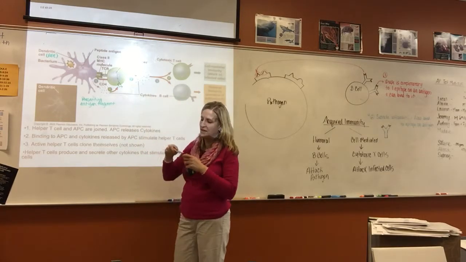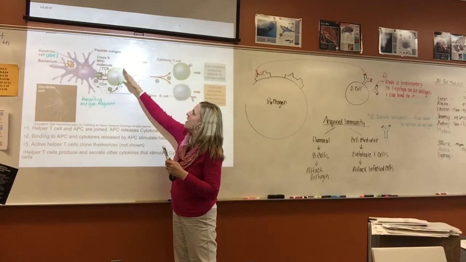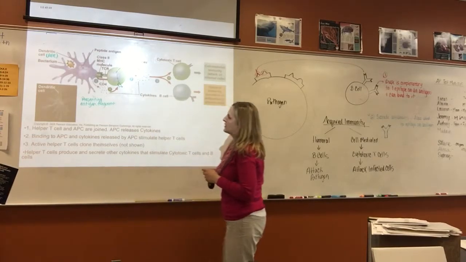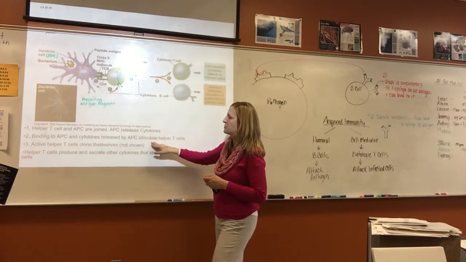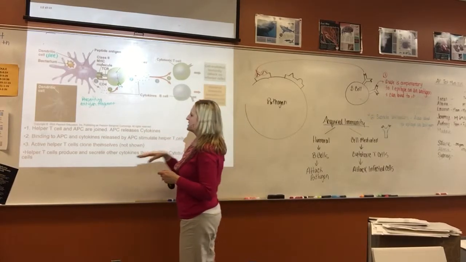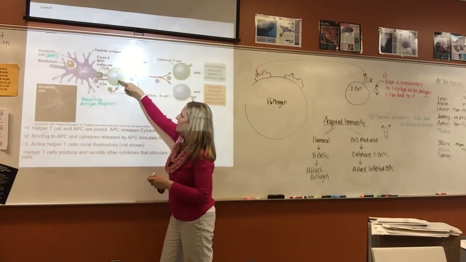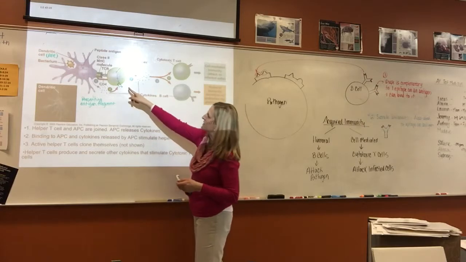What is the response here? This helper T cell will divide and make more helper T cells, and also will start to release cytokines. So they're releasing their own chemical here. And so that's what the first couple of bullets here are saying. So the APC releases the cytokines, then that binding to the APC and the cytokines that were released from the APC stimulate the helper T cells.